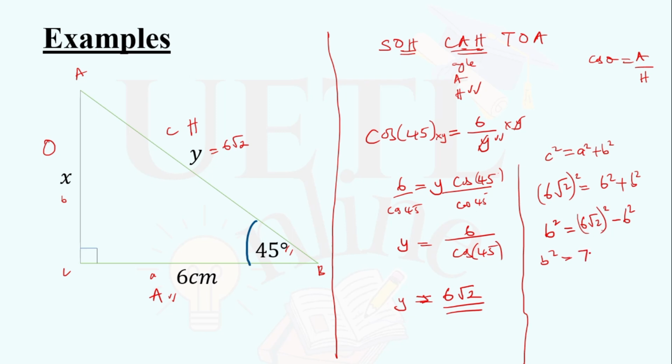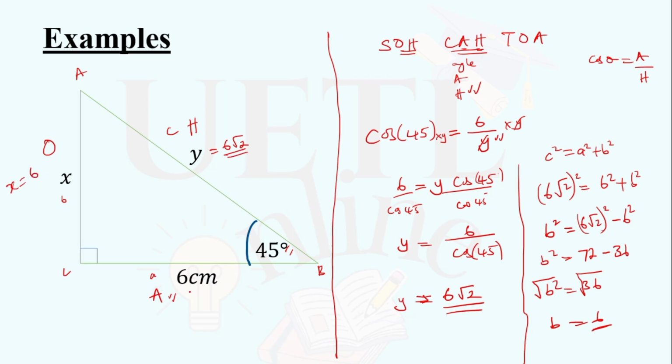Use your calculator if you can't multiply it in your head. 6 squared is 36, so B squared is equal to 36. After that, we take the root of this side and the root of this side, and we find that our B is 6. This is how we can use Pythagoras' theorem and trig ratios. So now we can see that x is equal to 6 and y is equal to 6 root 2.